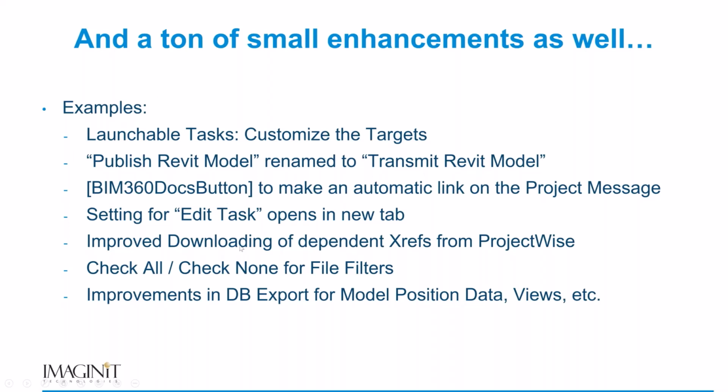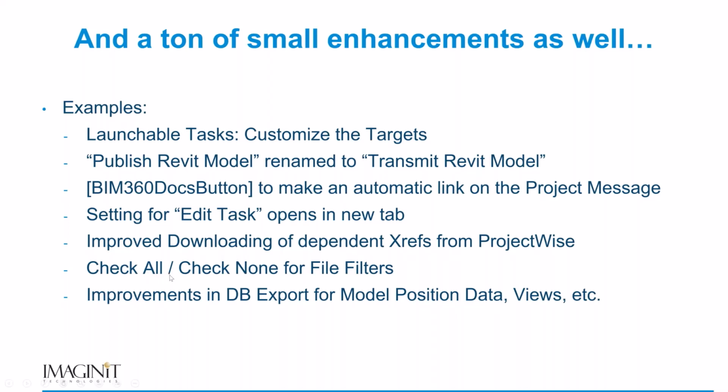Let's see, we've got different UI components to make it easier to navigate Clarity into BIM 360 docs. We've changed optionally the way that editing a new task works. For Projectwise, we had some issues around handling XREFs in AutoCAD and being able to run AutoCAD tasks.